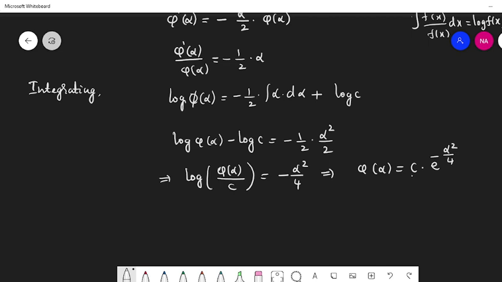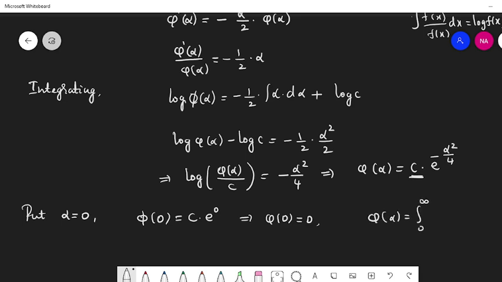But we need to find the value of this c. For that, put alpha equal to 0. Then we get phi of 0 equal to c into e power 0, that is 1. So phi of 0 is c. By definition, we have phi of alpha equal to integral 0 to infinity e power minus x square cos alpha x dx.